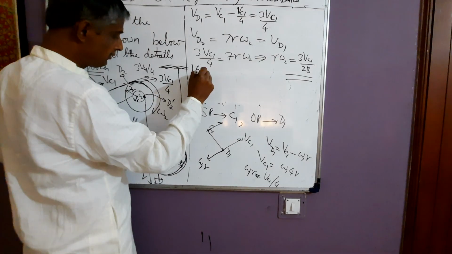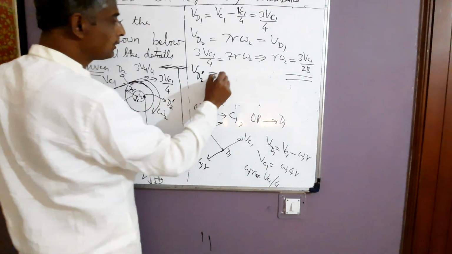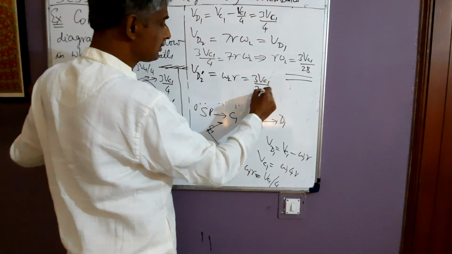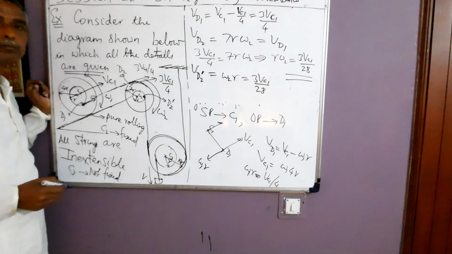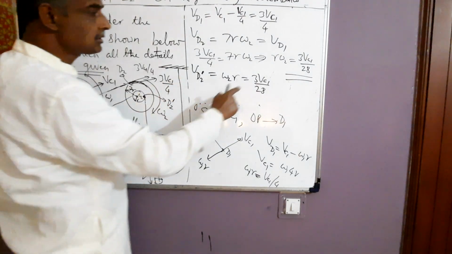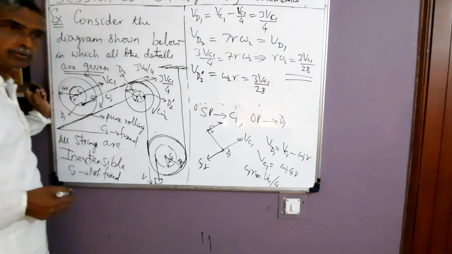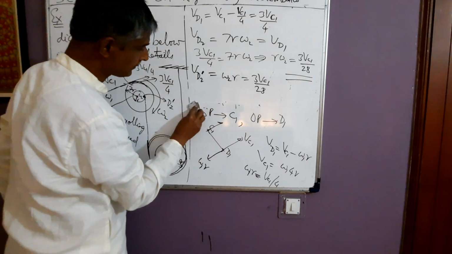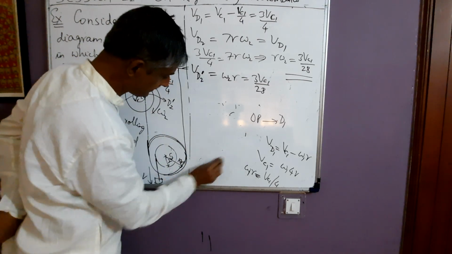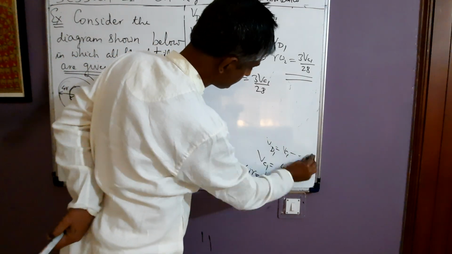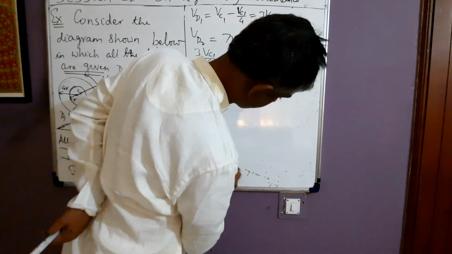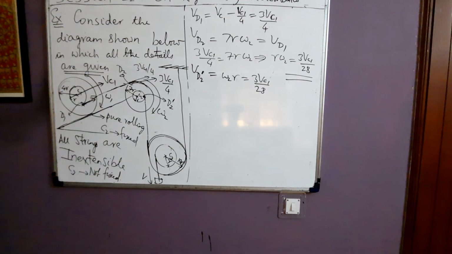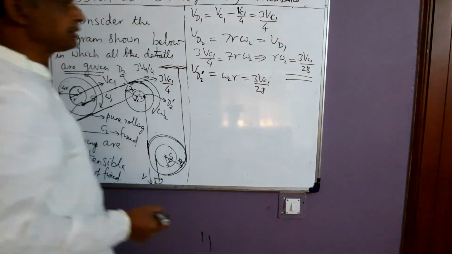Therefore, Vd2 dash simply becomes omega 2r from circular motion theory, which is simply 3Vc1 by 28. So Vd2 dash becomes 3Vc1 by 28.